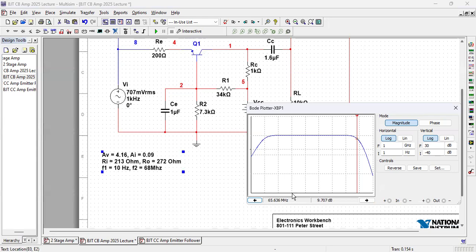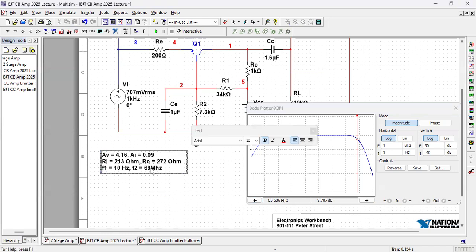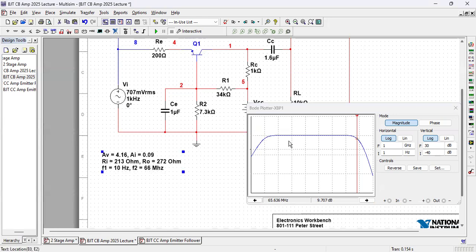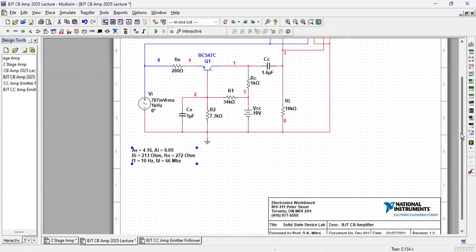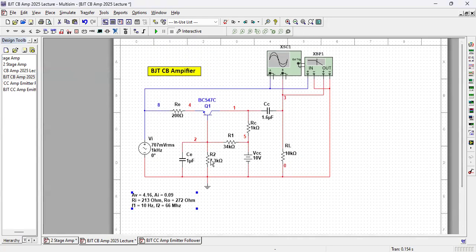Let us keep it here. This frequency is 65.6 megahertz, say 66 megahertz. So F2 is 66 megahertz. So what we have done, we have completed the testing and measurement of a common base amplifier. That should give you an insight. That should satisfy you. Yes, such an amplifier exists, right?